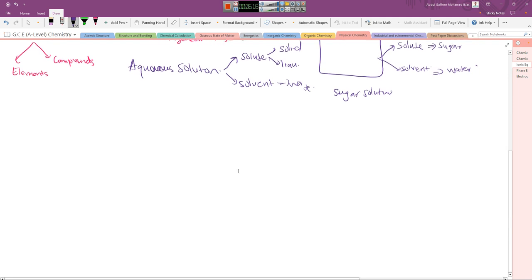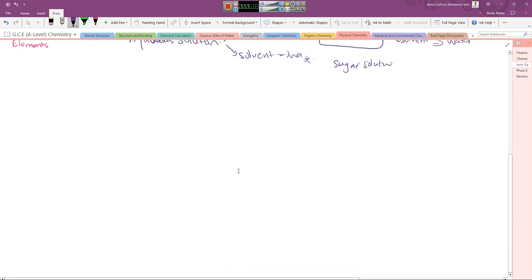For example, if we consider the equilibrium reaction happening between Fe3+ and thiocyanate ion, we can write the chemical equation like this. So we have Fe3+ aqueous, right? Here we are supposed to mention the physical state also, since we are studying physical chemistry, and then SCN-.